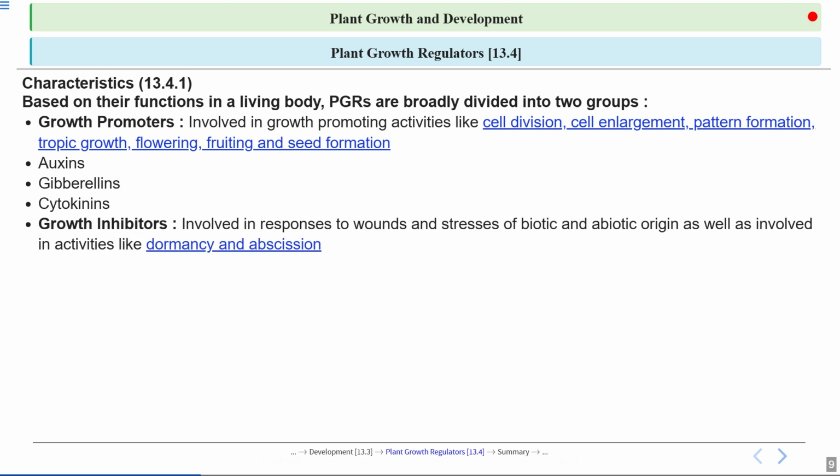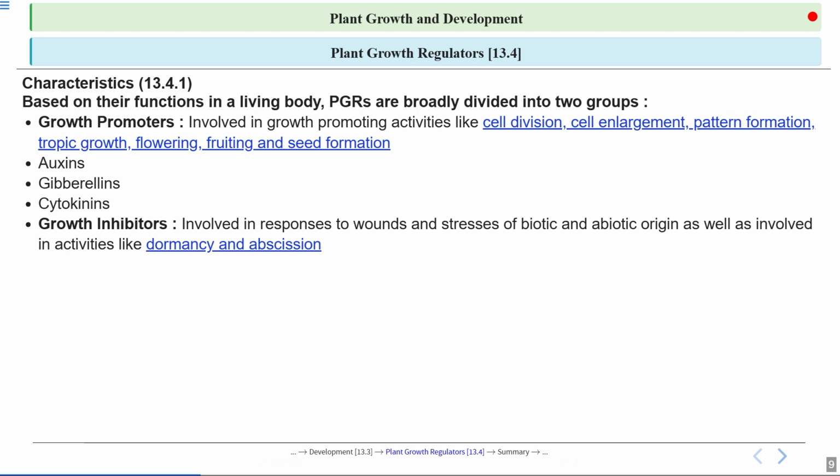And the fourth is the growth inhibitors that inhibit the growth. The two categories we have already talked about initially, like the plant growth regulators are broadly divided into two groups. The first group was the growth promoters and the second is the growth inhibitors, right? These are involved in response to wounds or stress, when the plant is facing some wound or some type of stress, biotic or abiotic origin.